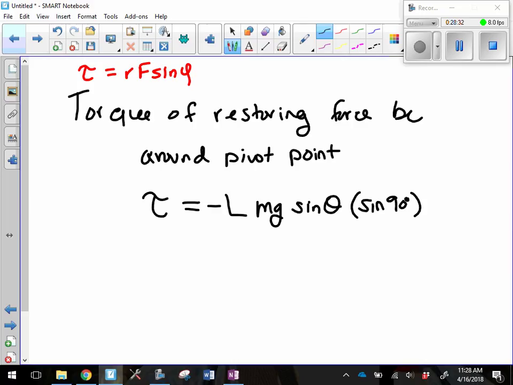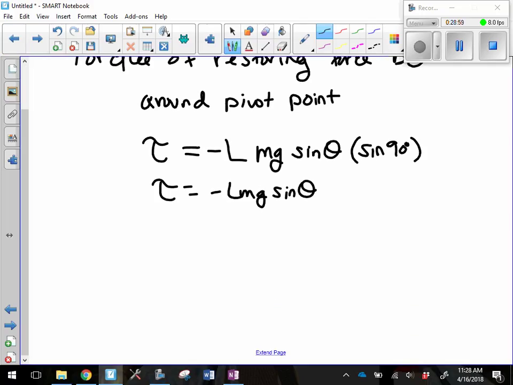Or actually, we could really just say that it's acting in the clockwise direction. Actually, I like that answer better. So it's a negative torque. Okay. All right. So my torque is going to be negative L m g sine theta. And then I also know, as we just said, that torque is equal to I alpha.